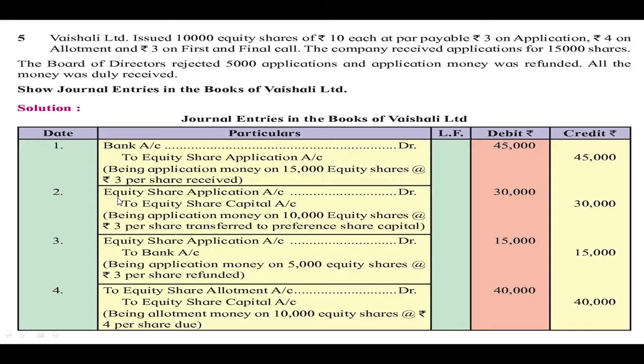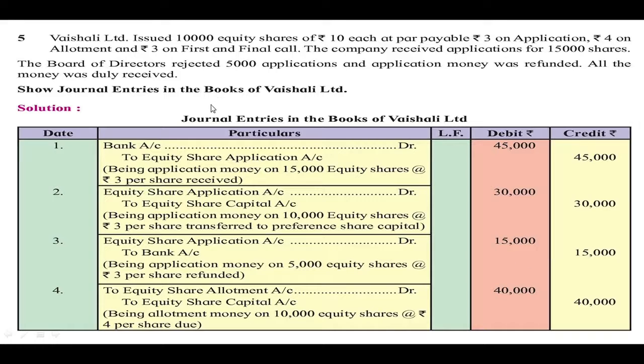So the entry is equity share application account debit 30,000, that is 10,000 into 3, to equity share capital account. The third entry is for the refund of the excess application money. The excess applications are 5,000, so 5,000 into 3, 15,000, is refunded to the applicants. So equity share application account debit to bank account.